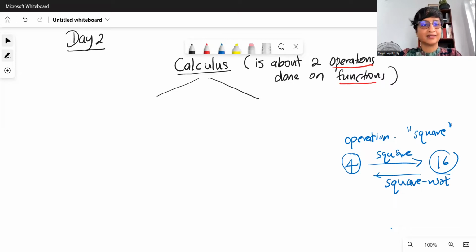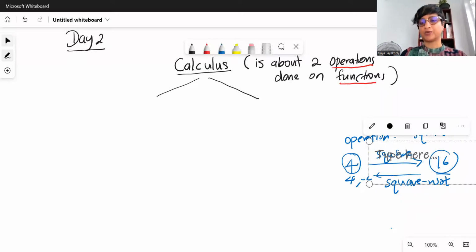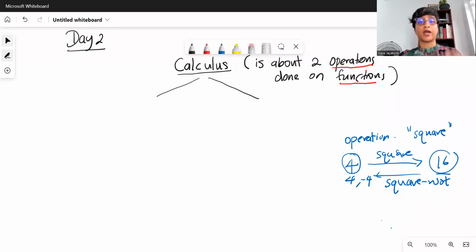You get 4 and minus 4. So square rooting doesn't give you a unique answer. It gives you 2 answers always, right?